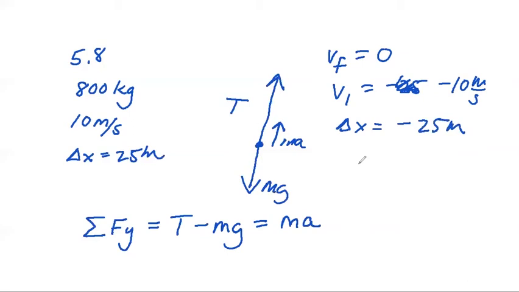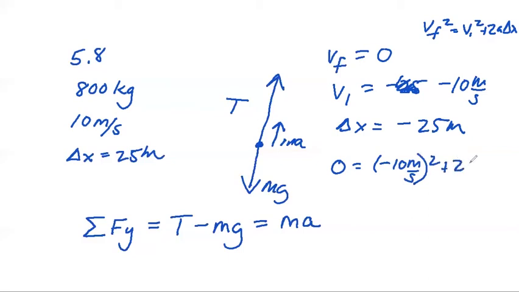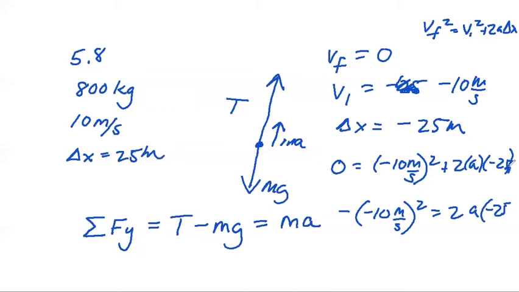So I'll use our no time equation, which is V final squared equals V initial squared plus 2A delta X. So V final squared is 0. 0 equals negative 10 meters per second, quantity squared, plus 2 times A times negative 25 meters. All right, so subtracting this from both sides, I get negative times negative 10 meters per second, quantity squared, equals 2 times A times negative 25 meters.